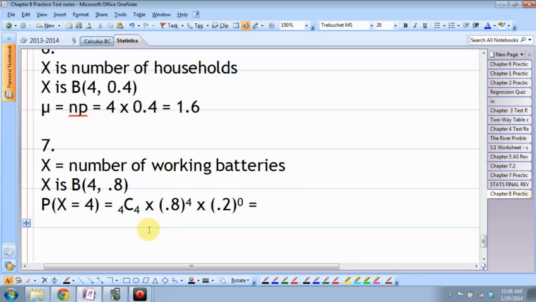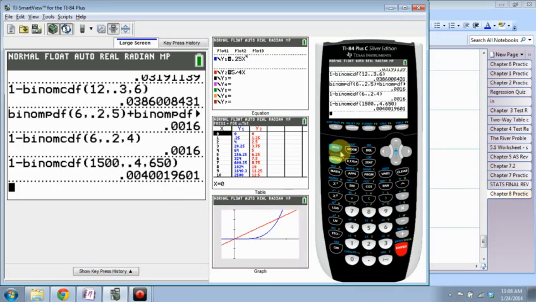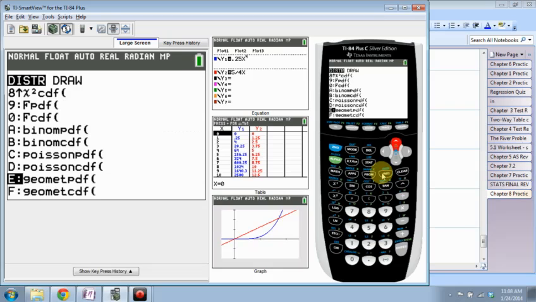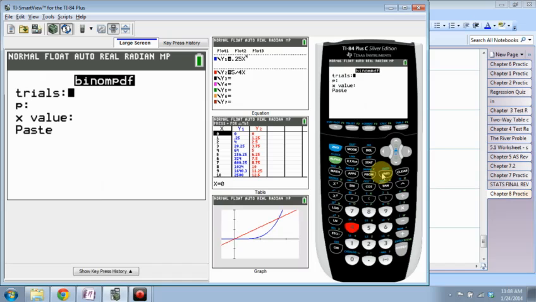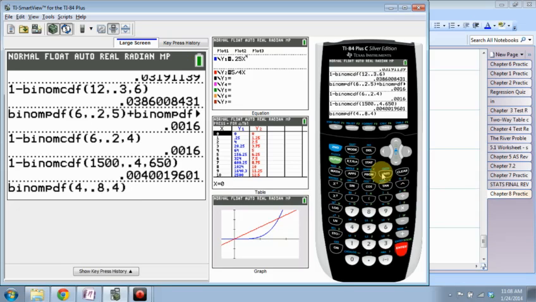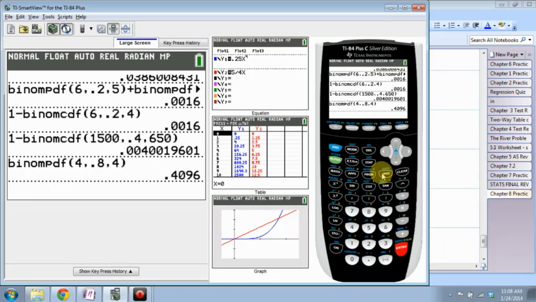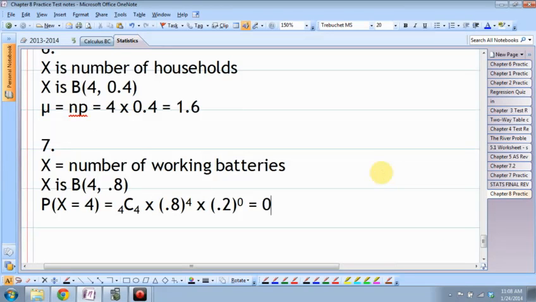And then you write that down, you ignore it, you go to your calculator, and you do a binomial PDF. 4 trials, probability of success is 0.8. We want to know all 4 work. Yeah, that's 0.4096. It's about a 41% probability that this cassette recorder will work.